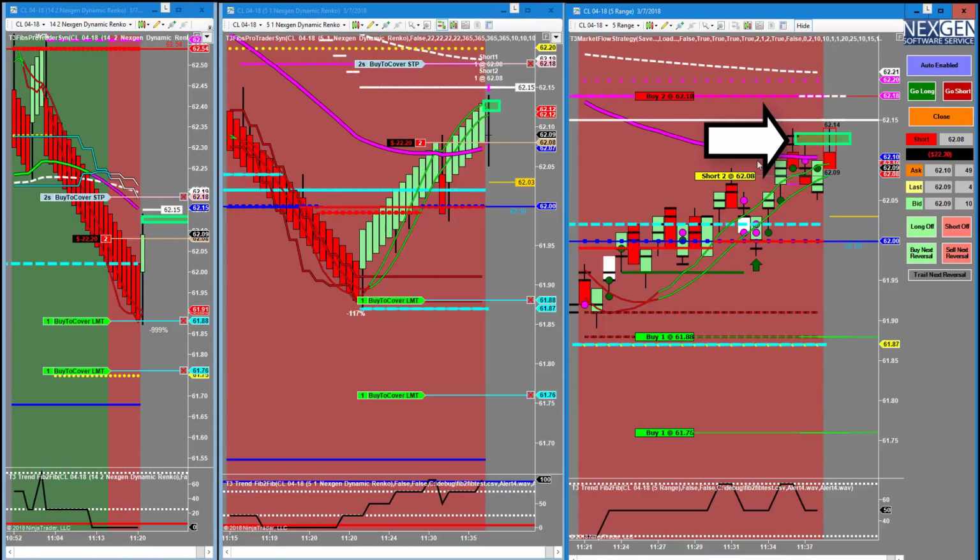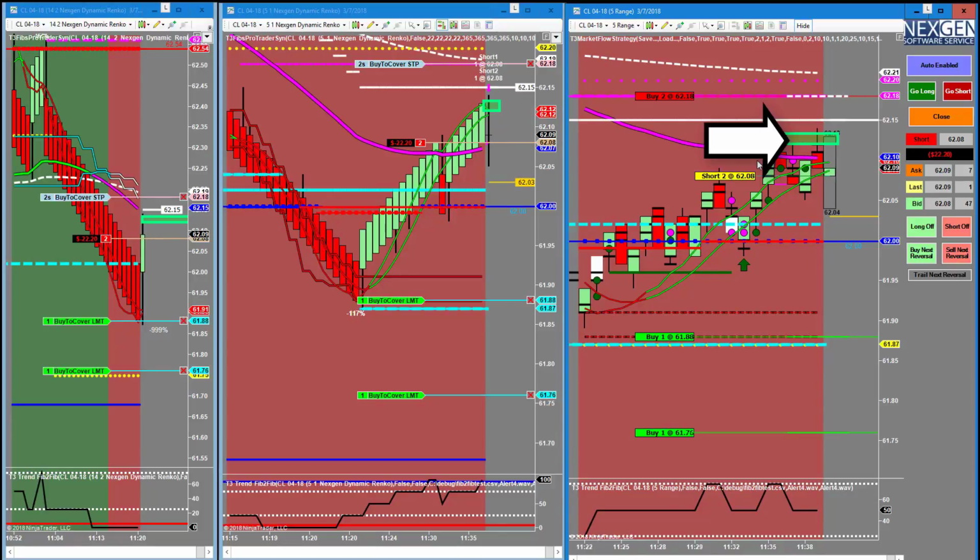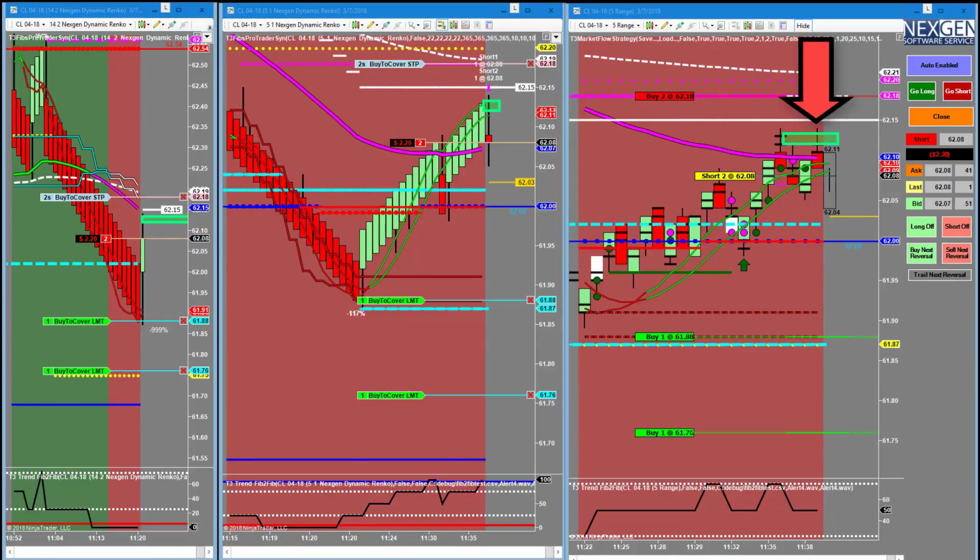And you'll see a lot of times they'll come back and just test the high volume area over here on the 5 range chart, just kind of where they started from. Some people in a perfect trade like to add on and kind of double down at those types of spots, but we're not going to get into that today.